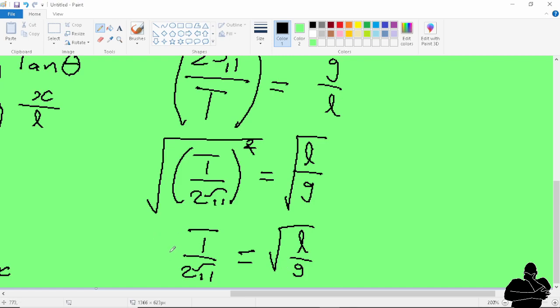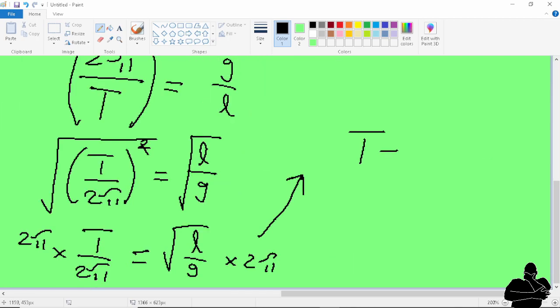Now all we have to do to find T is multiply this side by 2 pi and that side by 2 pi. And now you can see that T is equal to 2 pi times the square root of L over g.